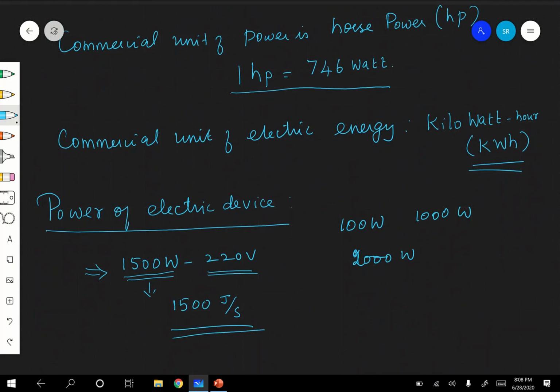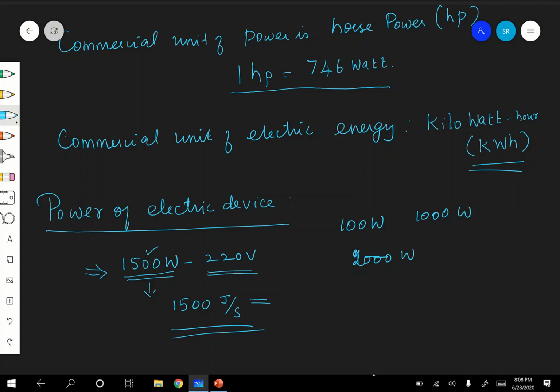What do you mean by it? When an electric appliance, here I told you it is an iron box, when you are using an iron box, how much energy is it consuming?